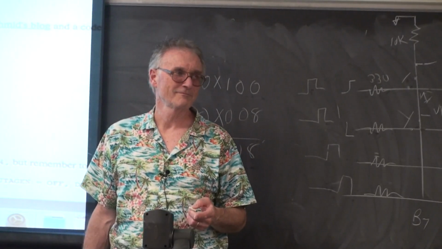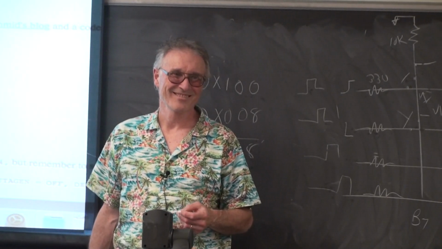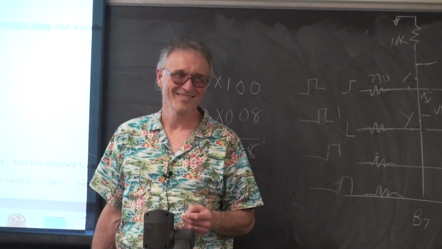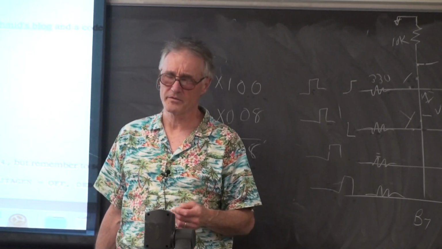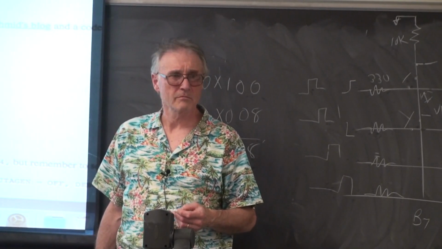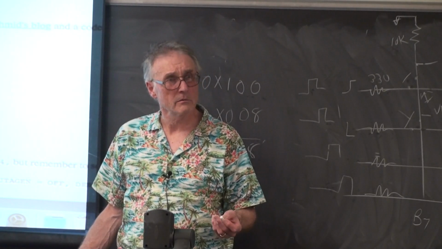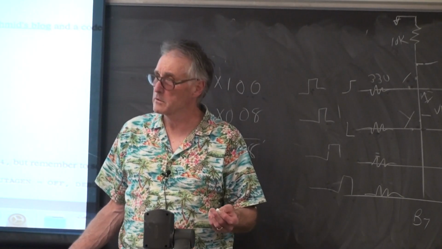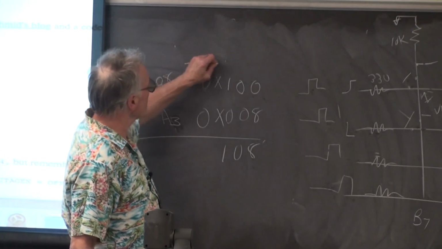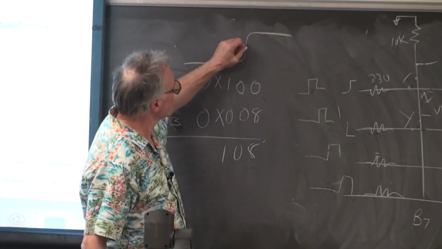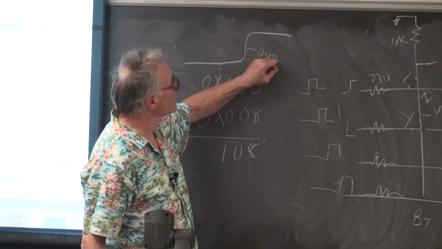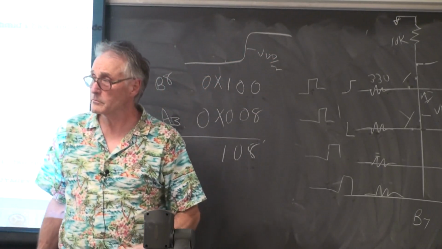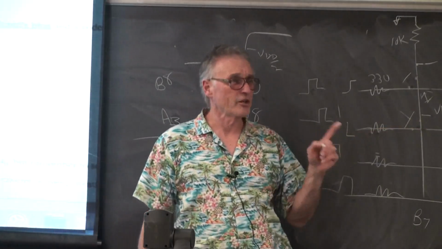Come on, folks. What is the CMOS threshold? It's about VDD over 2, right? The CMOS threshold is a very sharp threshold at about VDD over 2. Therefore, this is indeterminate.